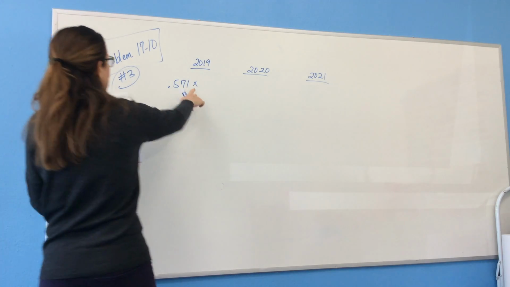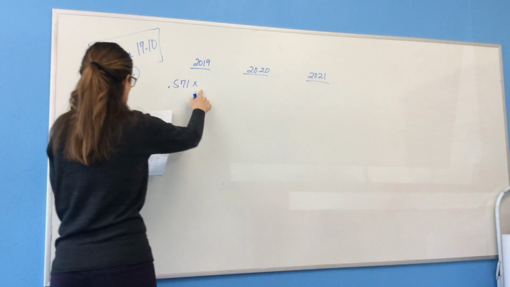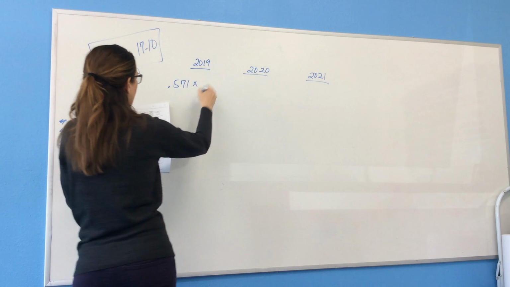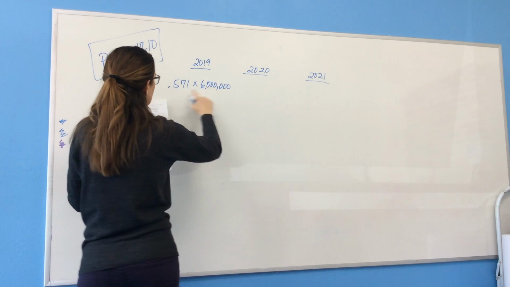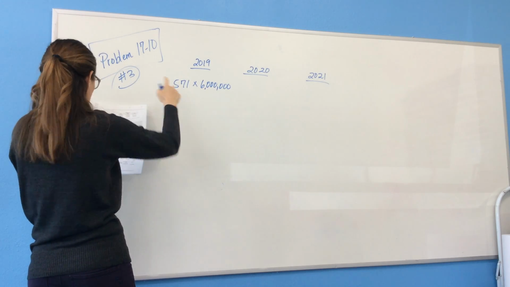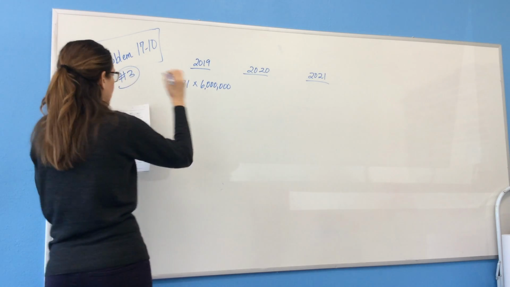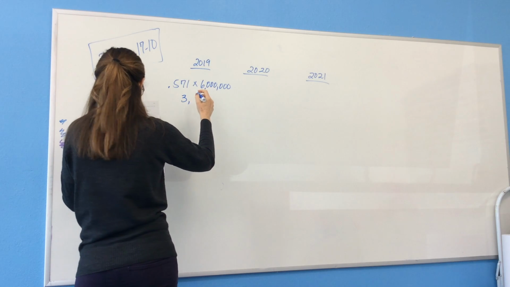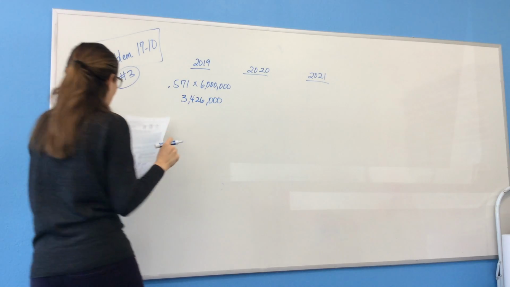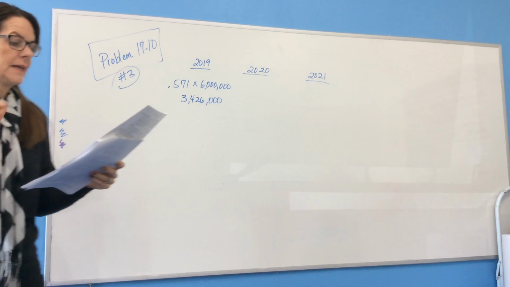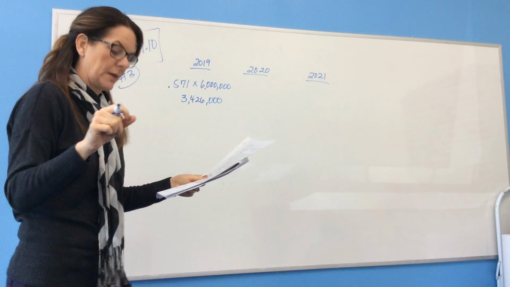So I'm going to multiply this by my estimated gross profit. My estimated gross profit, you'll remember for 1, was 6 million. So I'm going to multiply the 57.1% by the 6 million, and I get 3,426,000. So that is going to be my income that I'm going to recognize for 2019.